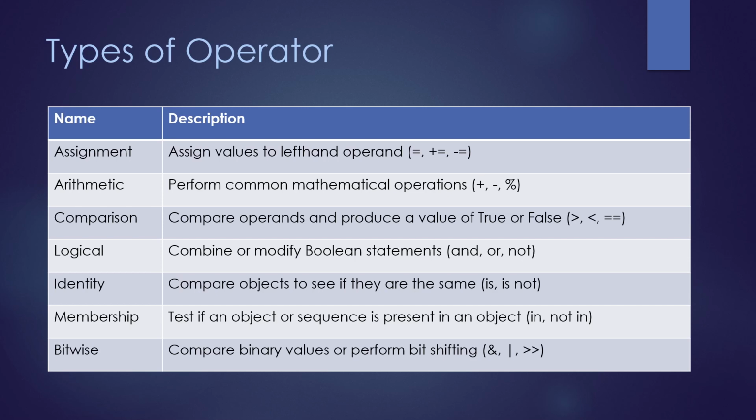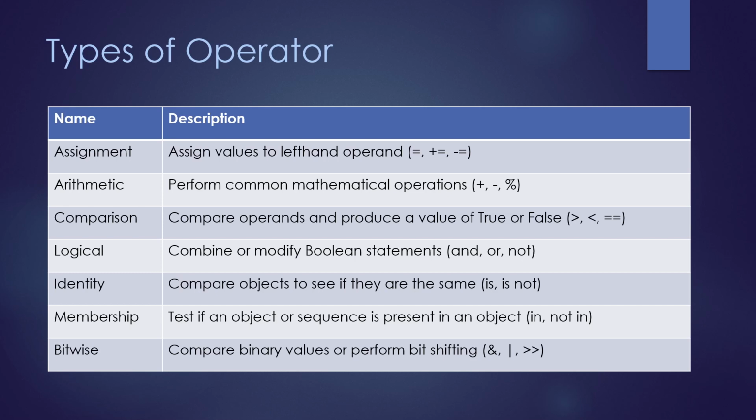Next is logical. This is for combining conditions and modifying them when we're talking about true-false statements. You have AND, which performs a logical AND, as we saw when we talked about propositional logic.